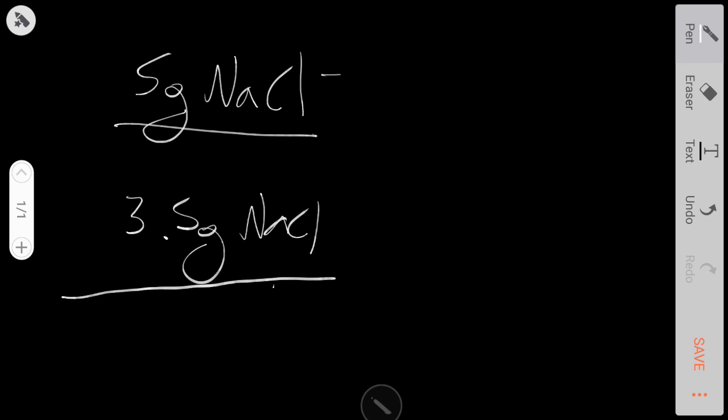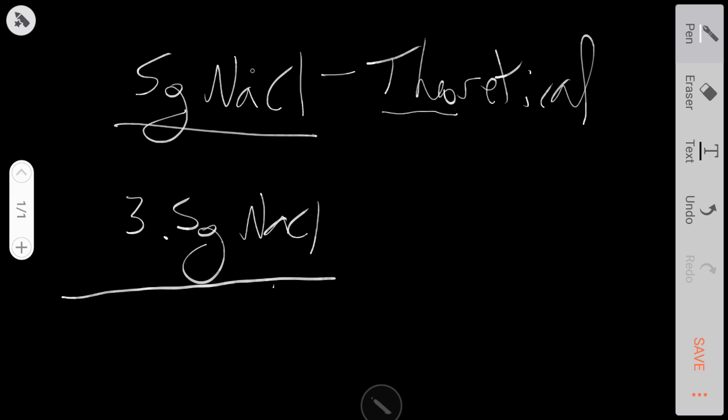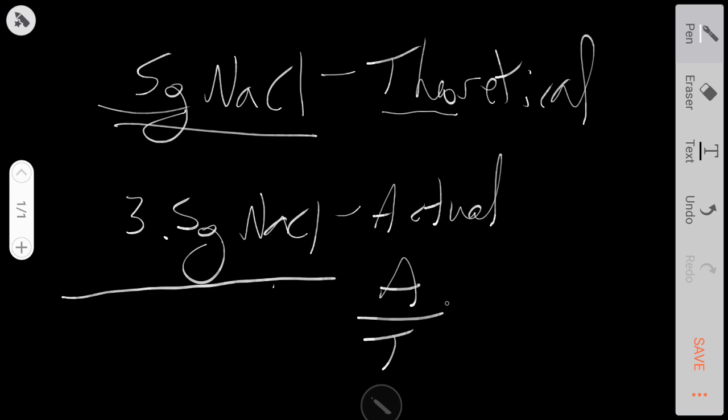So this is my theoretical yield. In theory, I should have been able to get 5 grams back, but I actually got 3.5. So this is actual. To get my percent yield, you do actual divided by theoretical times 100.